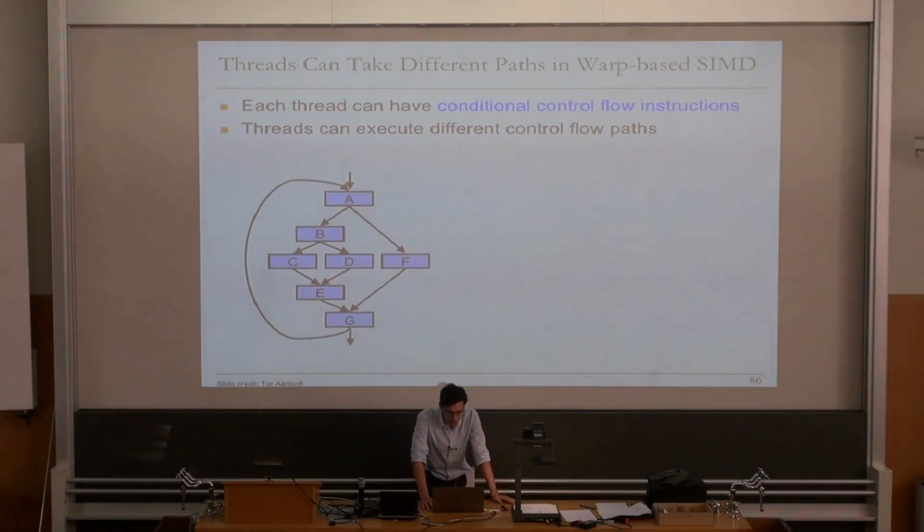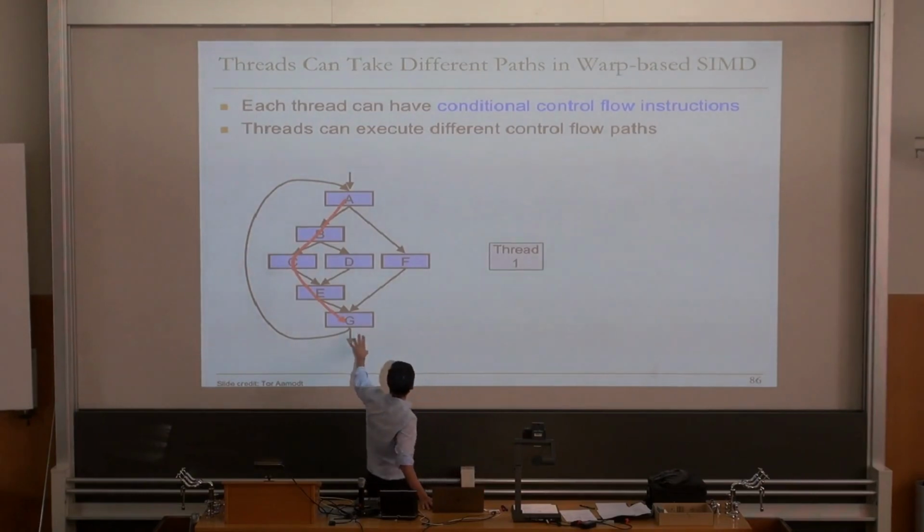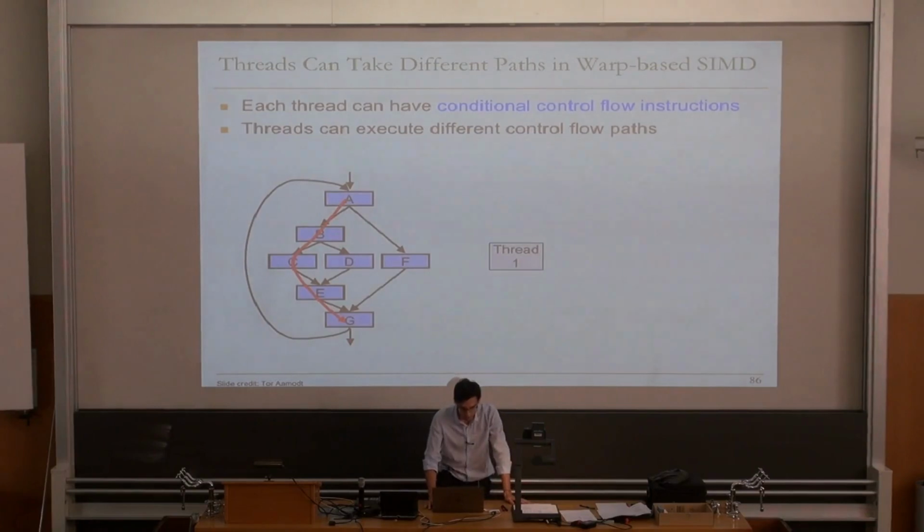And when we use conditional control flow instructions, what might happen is that we have, let's say this is a control flow graph of our code. We will have threads which in principle are going to belong to the same warp. We will have threads following different control flow paths.